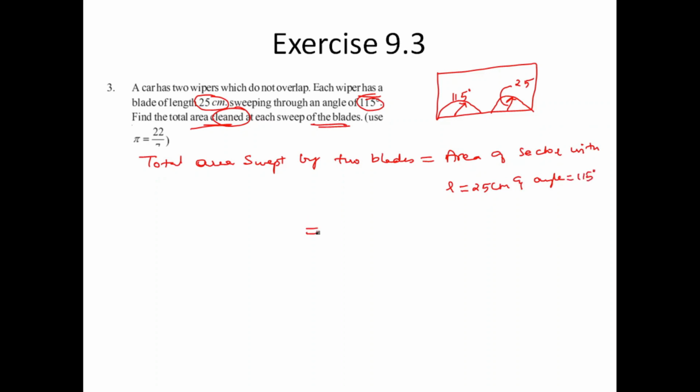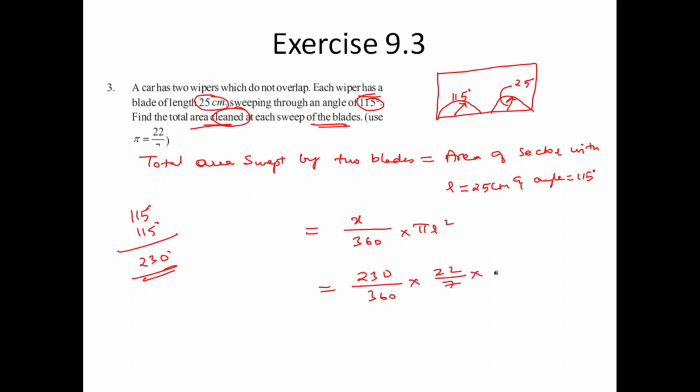So that is nothing but x by 360 into pi r square. I am taking the x value as, if I am adding out 115 twice, the total value is around 230. So I'm just substituting that one over here. Pi value came out to be 22 by 7. R value is 25 into 25. Hope this is clear. 0 is removed out here directly.